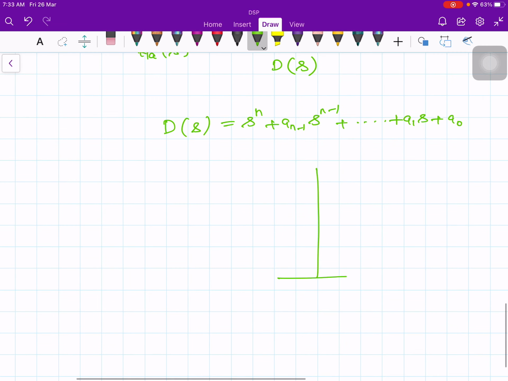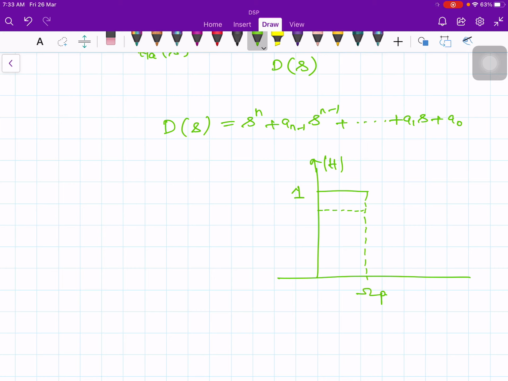If you take a typical low pass filter, you have the pass band, so the magnitude is 1. This is the magnitude of H, and there will be some tolerance in the pass band. The tolerance is delta p, and this frequency is omega p, the pass band frequency.